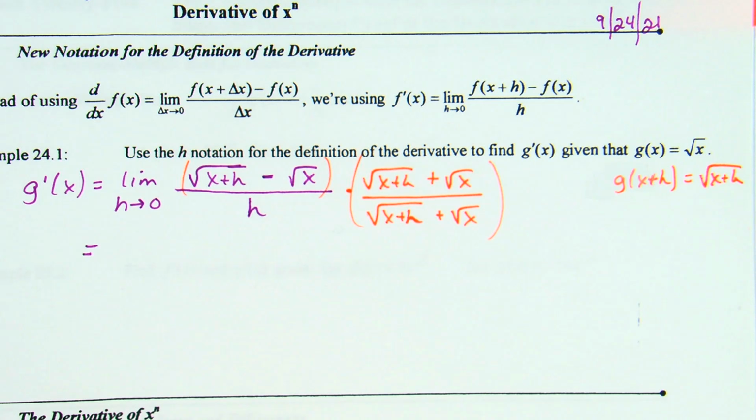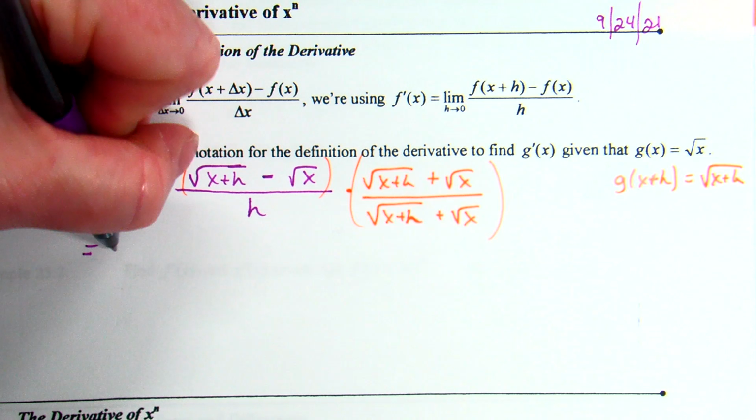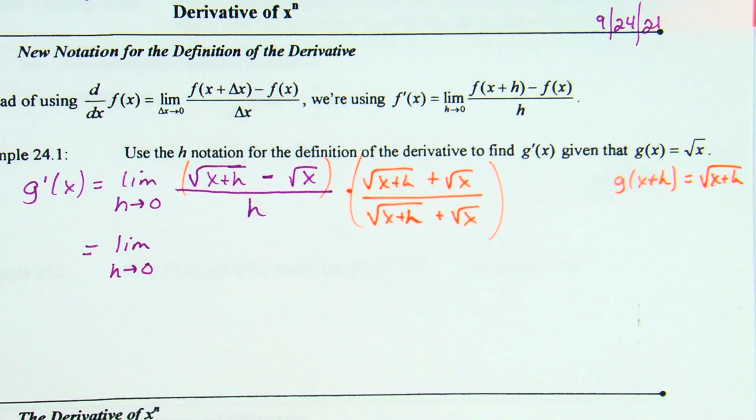So on top, how do we multiply? Technically, we have to FOIL. First, let me write limit as h approaches 0. When we FOIL, what's square root of x plus h times square root of x plus h? x plus h, good.